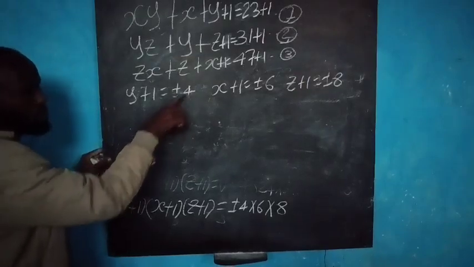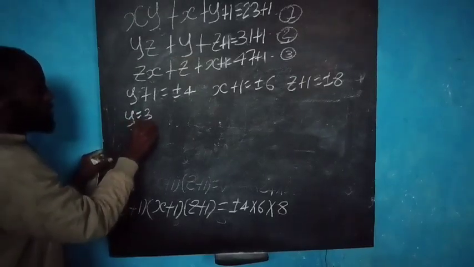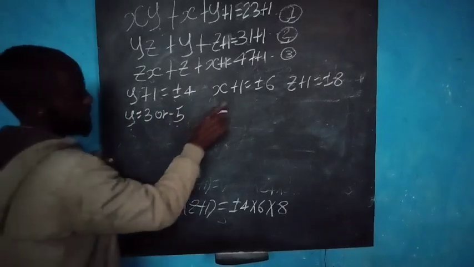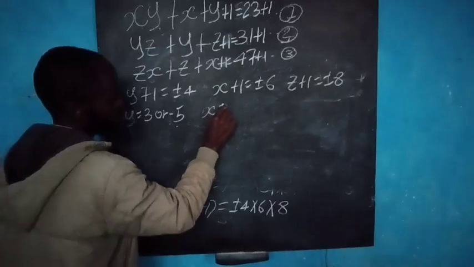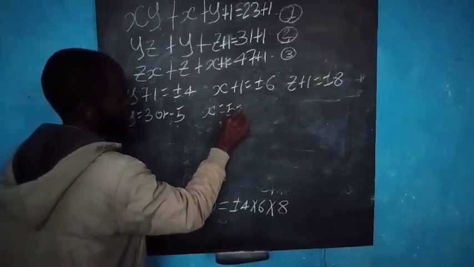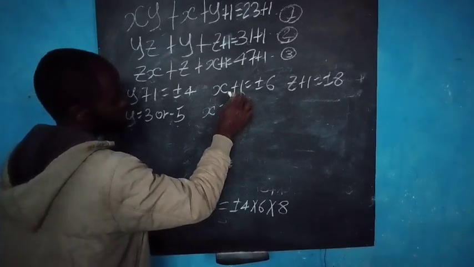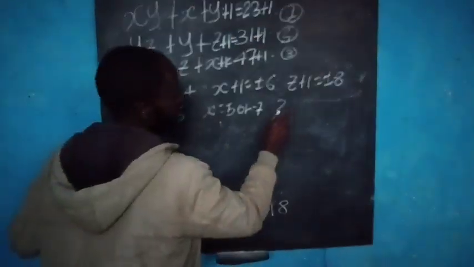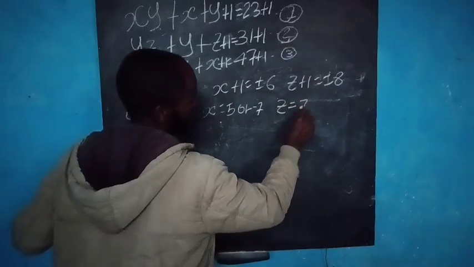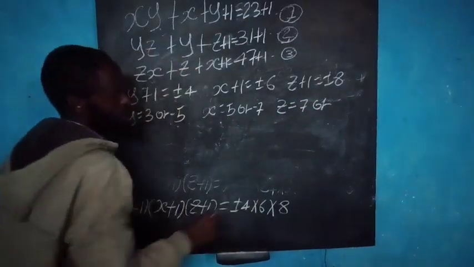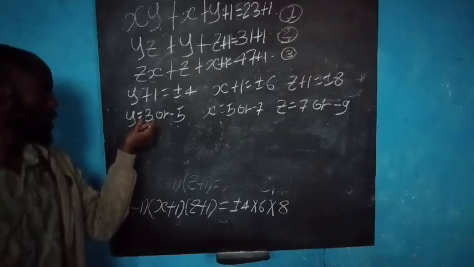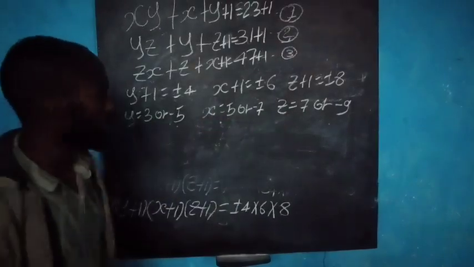If x plus 1 is 6, x equals 5, or minus 7. If y plus 1 is 4, y equals 3, or minus 5. Z equals 7, or minus 9. Here the values of x, y, z are 5, 3, 7.